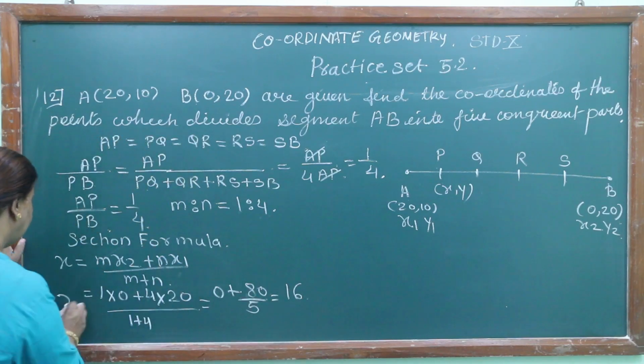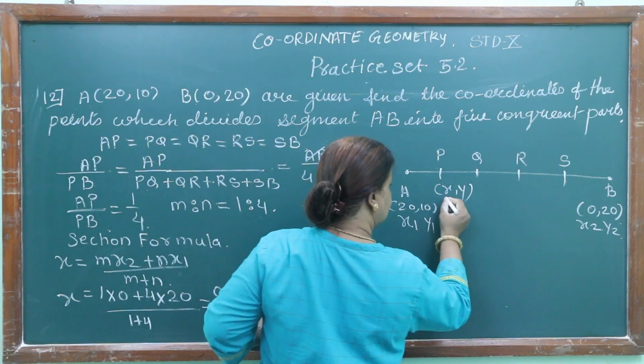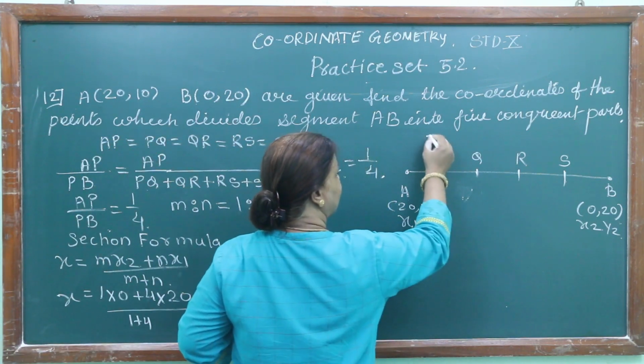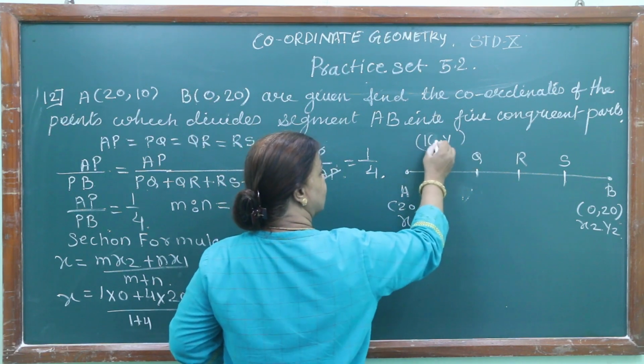So x coordinate of P I get as 16, children. Let me write it here, x, y. So x coordinate I got as 16.